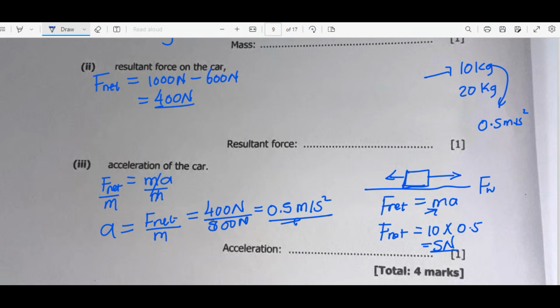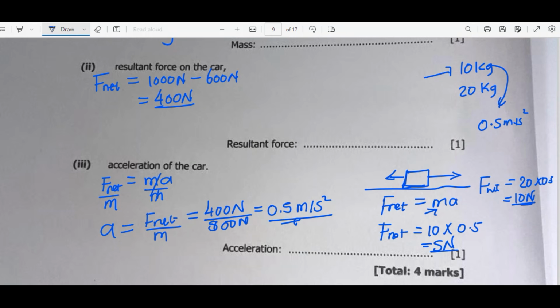So you do the same. The mass this time is 20 times 0.5. So here we are going to have 10 newtons. I want you to see the point here. These two objects have the same acceleration, 0.5, but the two forces are different. Why?